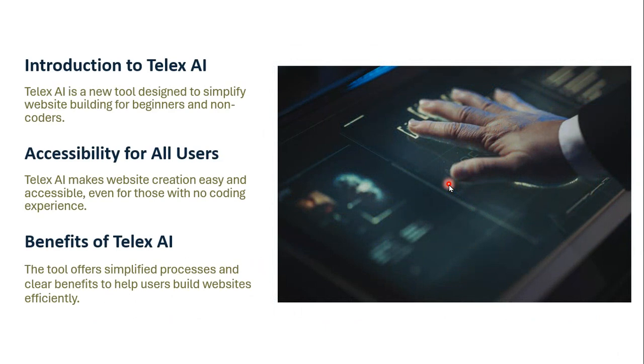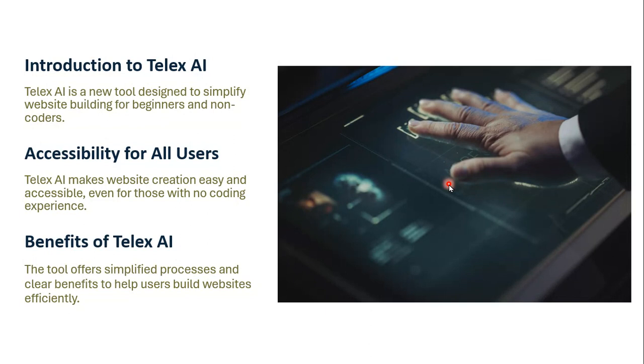So, what is Telex? Telex AI is a smart and easy to use tool that helps people build WordPress websites without needing any technical skills. It is designed especially for beginners who want to create WordPress websites quickly and without learning how to code.